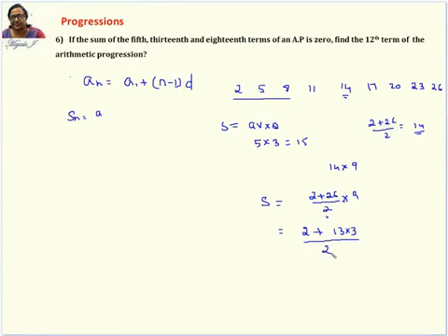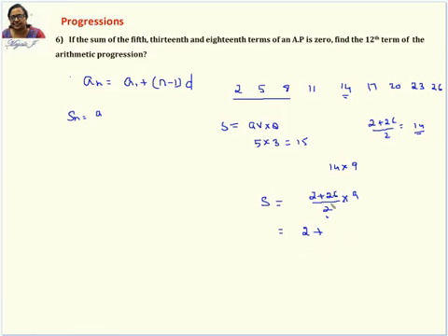So what is this? Where am I going wrong here? Ma'am, 2 plus 2 plus 13 is 3. No, this term. I'm sorry, I did not take 2 here. The thing is 2 plus this 2.